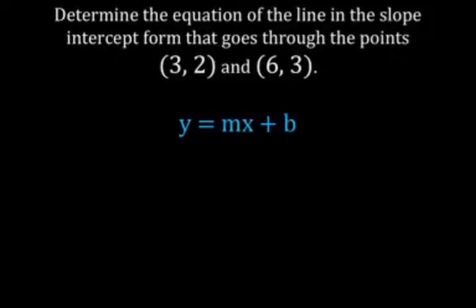Remember, y equals mx plus b. That's our equation of a straight line, where m is the gradient or slope and our b is the y-intercept. Y-intercept is simply where the straight line crosses the y-axis. That is our b.